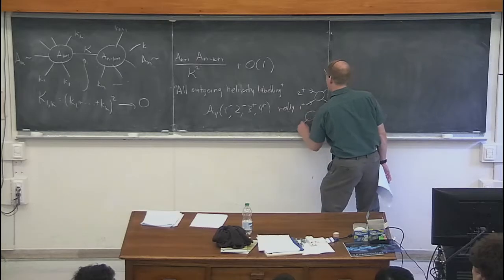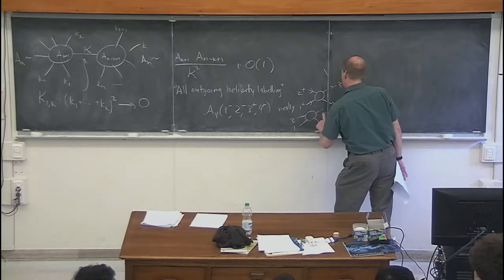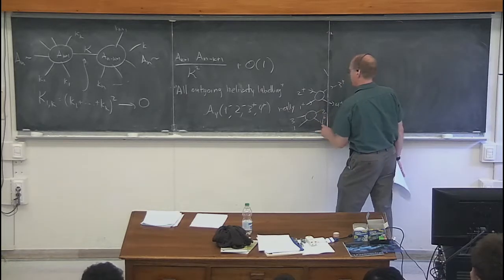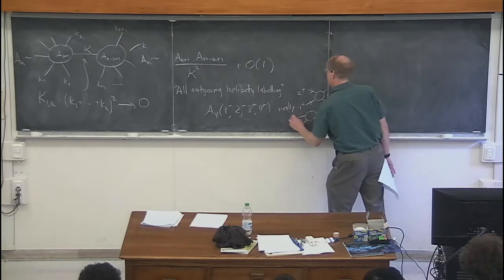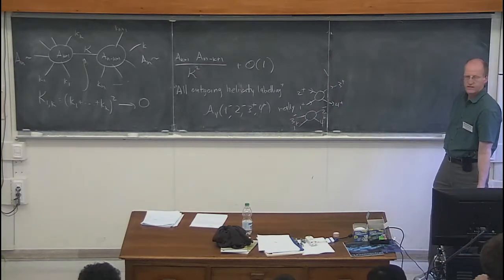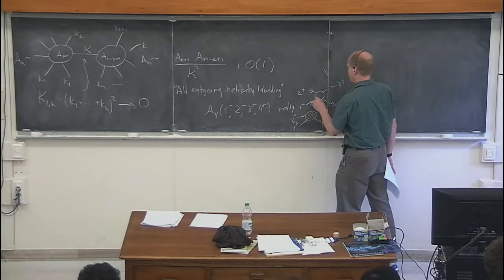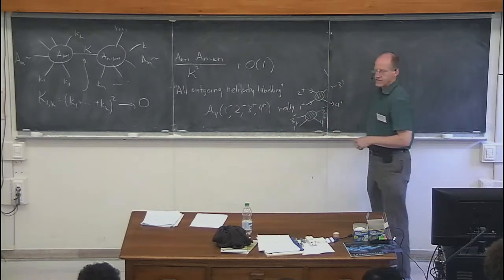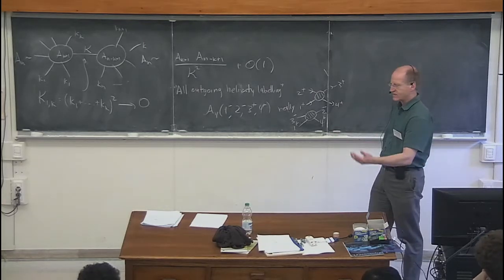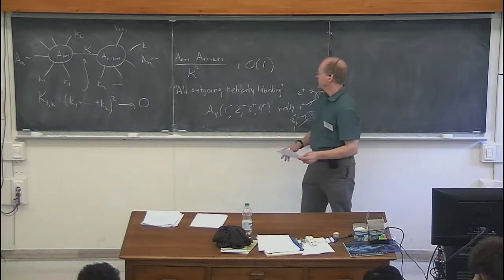Or I could take 1 and 3 incoming and 2 and 4 outgoing, and this would correspond to this configuration. Okay, so those are the rules that we use so that we can write formulas that are what we call crossing symmetric, and we don't have to rewrite them depending on which particles are incoming and which are outgoing.